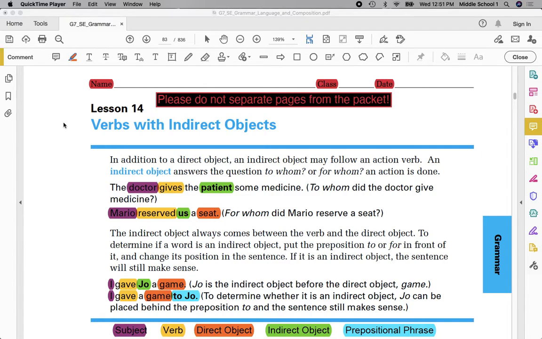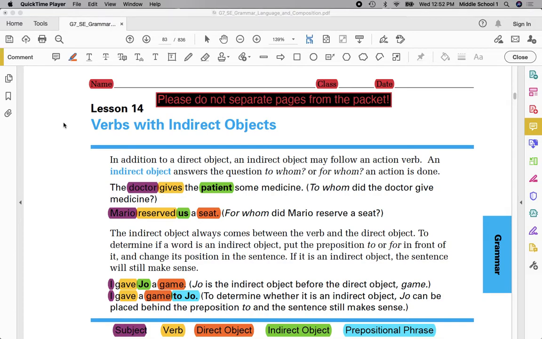If you're able to identify the parts of speech, the grammar that we've identified so far this year, it will make your job identifying the newer parts much easier. Today, our subjects are going to be purple, verbs gold, direct object orange, our new addition indirect objects green, and prepositional phrase aqua blue.